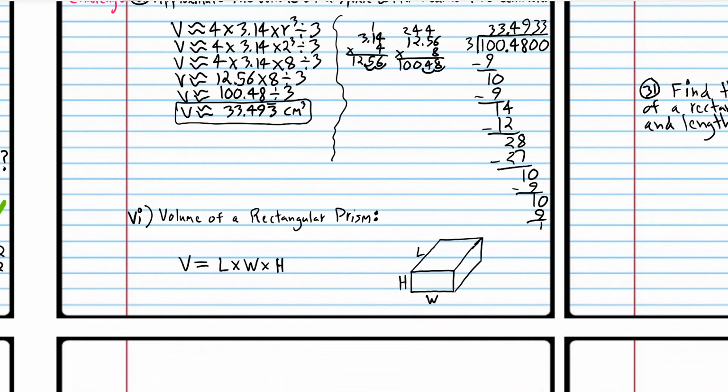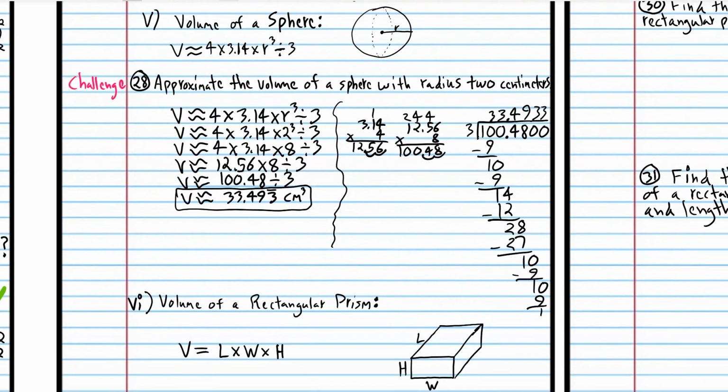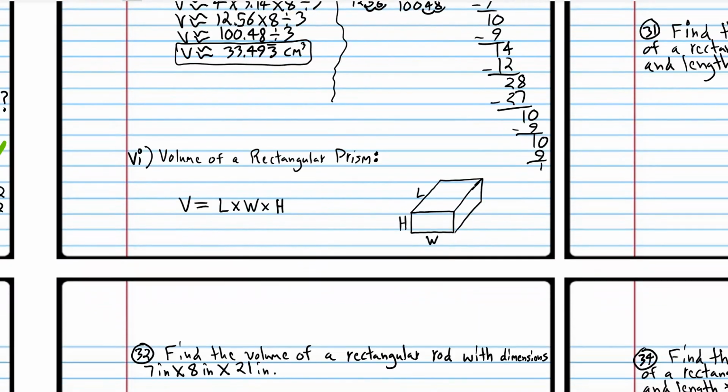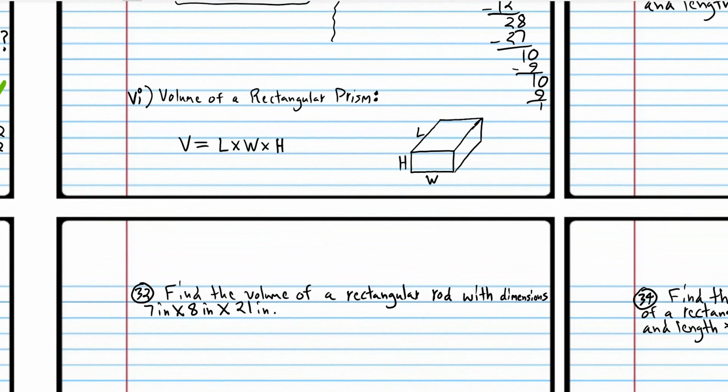But we introduced the concept of volume. So now we're going to go to an easier problem. The purpose of learning how to find the volume of a box is to just show you a really important formula.